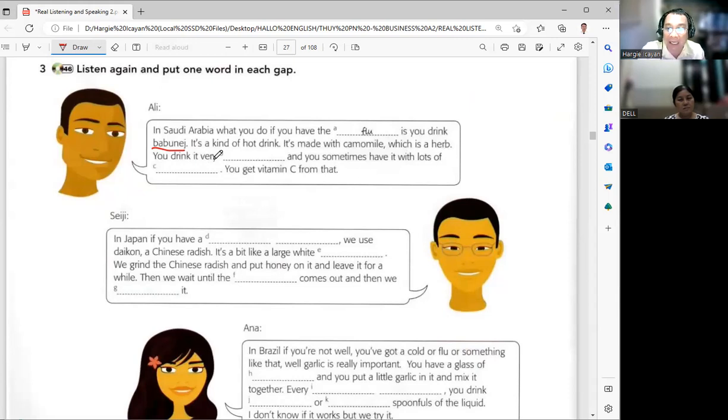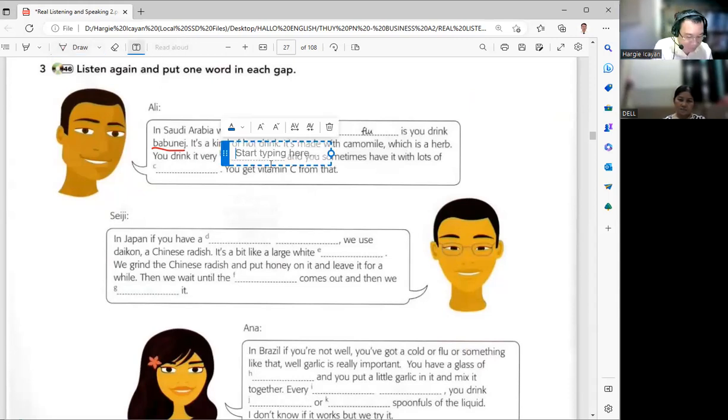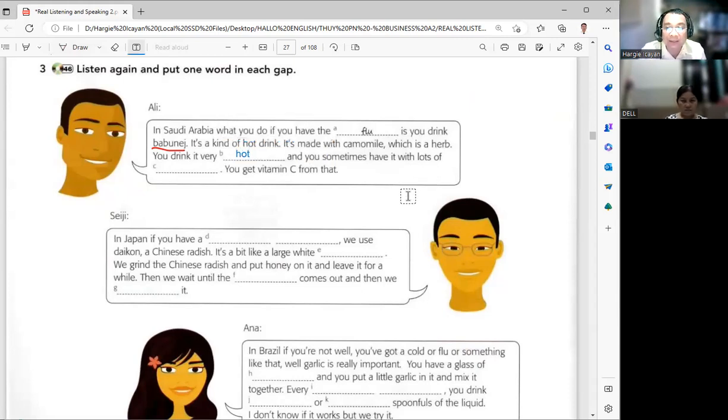You drink it very hot. And you sometimes have it with lots of lemon. And what do they get from drinking that? According to Ali, they get vitamin C from that.